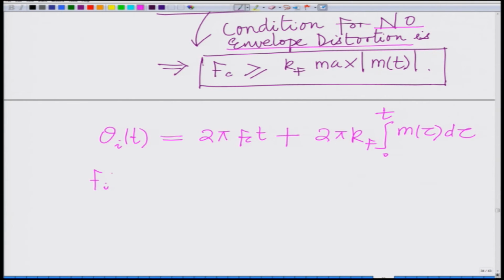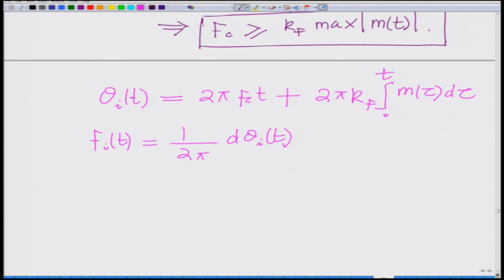Now, the instantaneous frequency is 1 over 2 pi times the derivative of the phase, which is 2 pi f c plus 2 pi k f m t, and because of the factor of 1 over 2 pi, this is simply f c plus k f times m t.